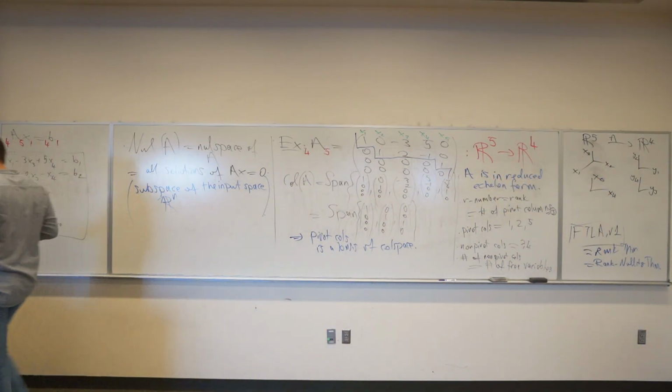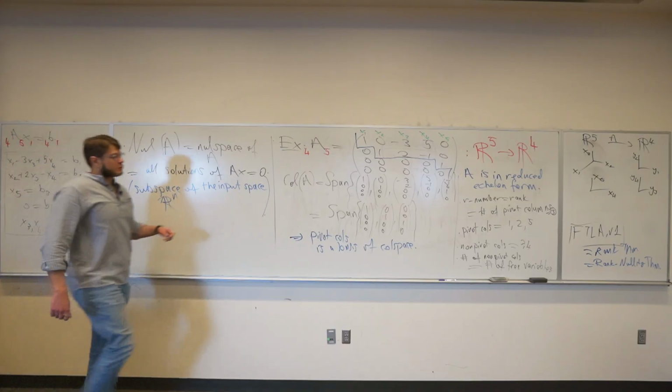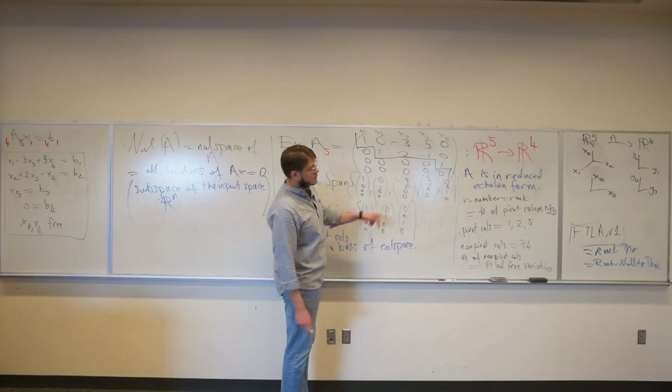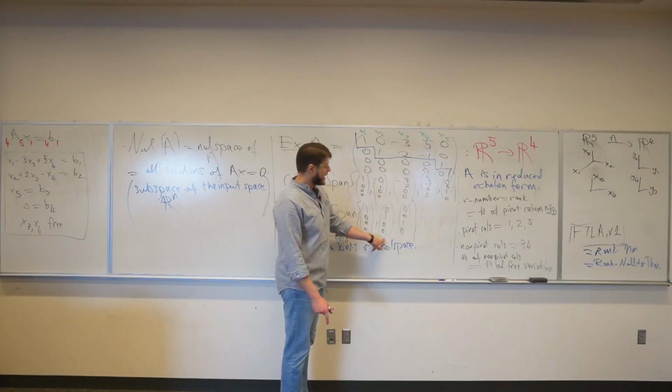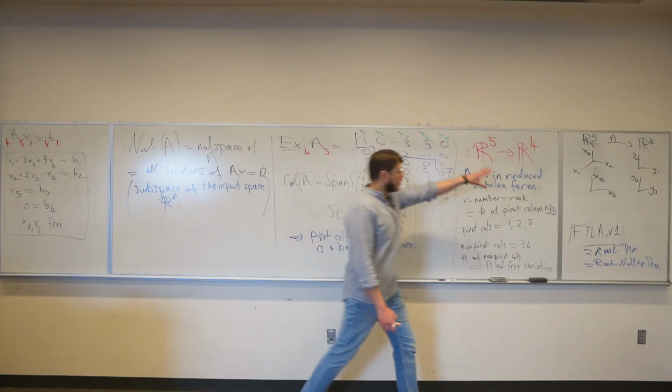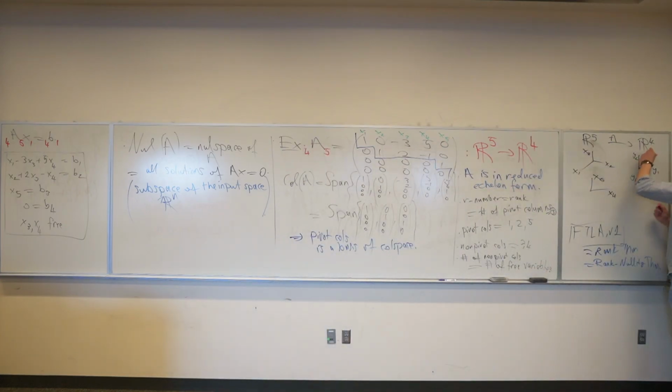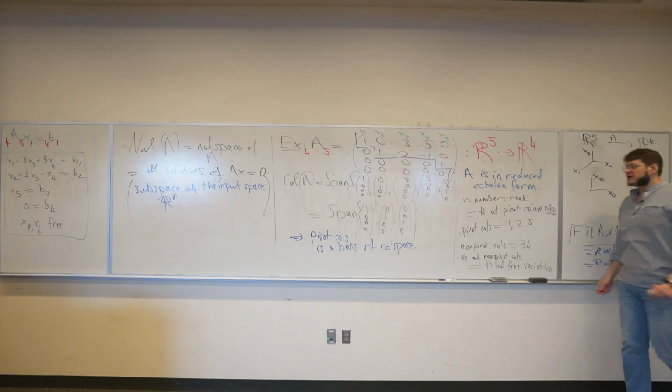And so the column space of A in this case would be the span of everything in the y1 axis, everything in the y2 axis, the whole plane here, but also an extra dimension. So 2 dimensions here, 1 dimension here would give you the column space.